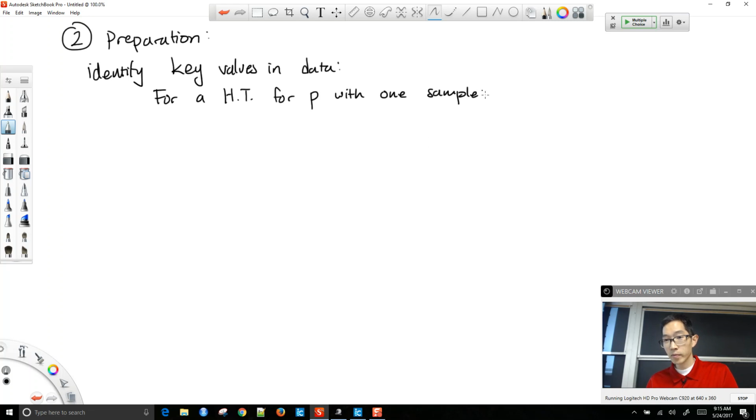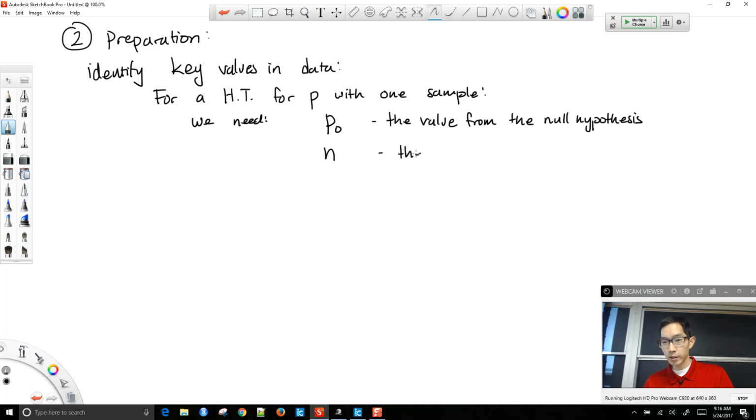the values we need: P0. P0 is the value from our null hypothesis. We need N, which is the sample size.